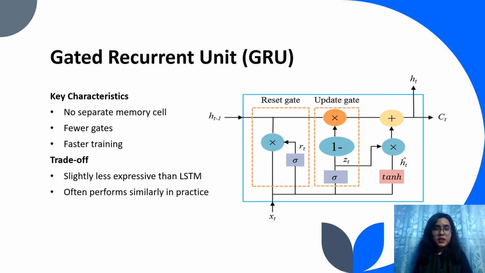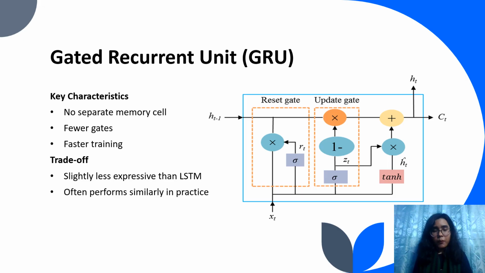While LSTM is powerful, it is also complex and computationally heavy. This led to the gated recurrent unit or GRU. GRU simplifies LSTM by reducing the number of gates and removing the separate memory cell, which is clearly seen in the figure of GRU. So from the figure of GRU, we can see two gates: one is the reset gate and the other is the update gate.